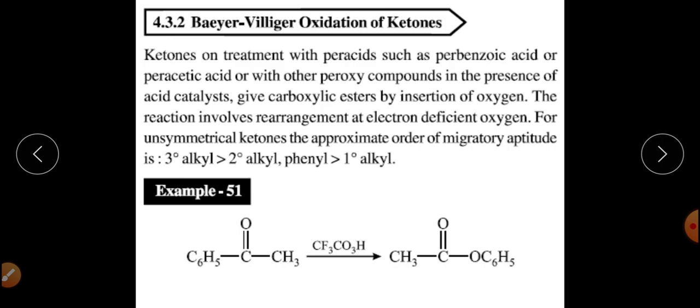It means if we have this type of particular group, this particular bond will get broken down and there will be fragmentation, and we will get two different types of carboxylic acids in that case.